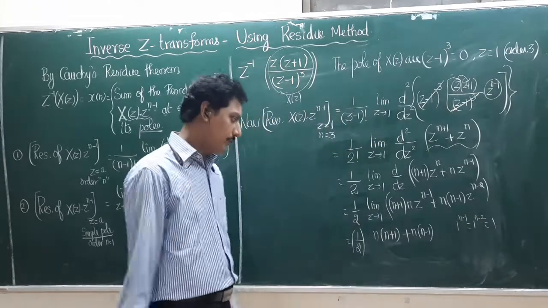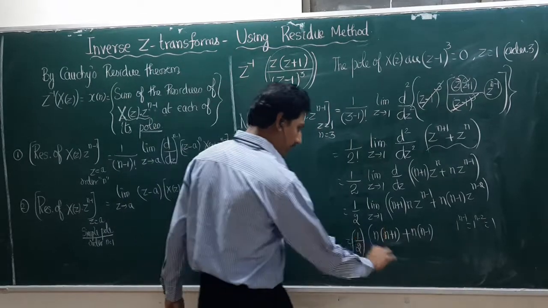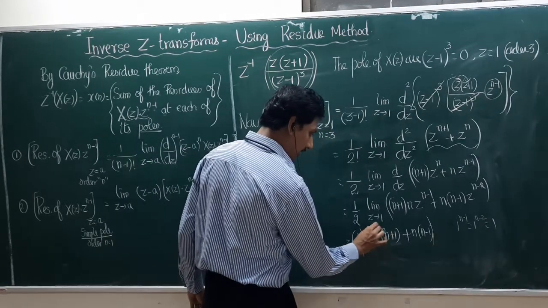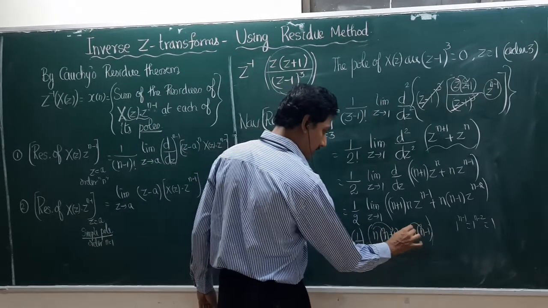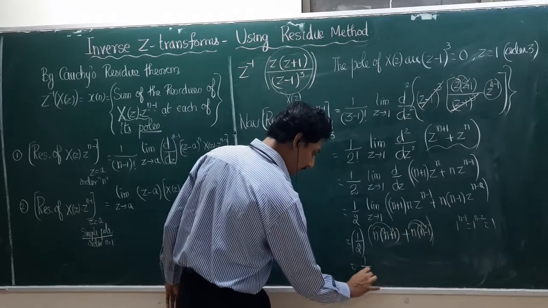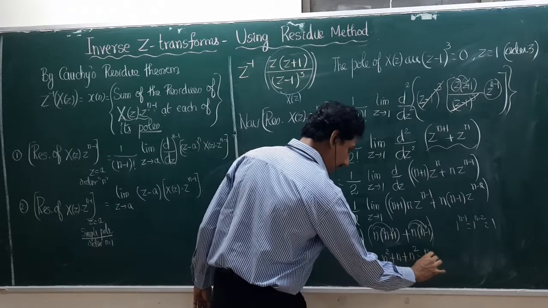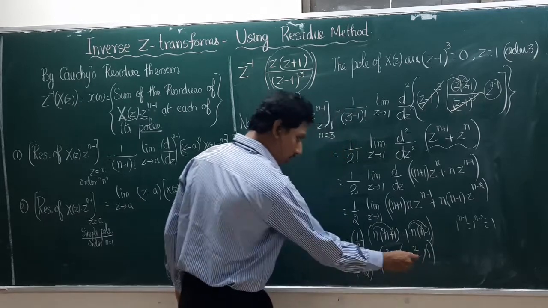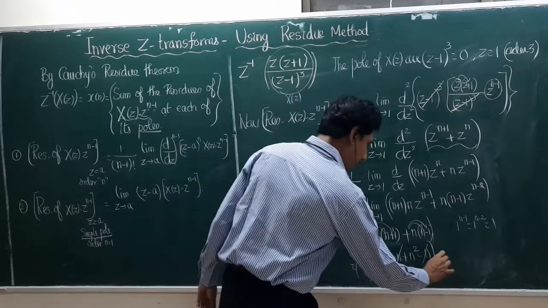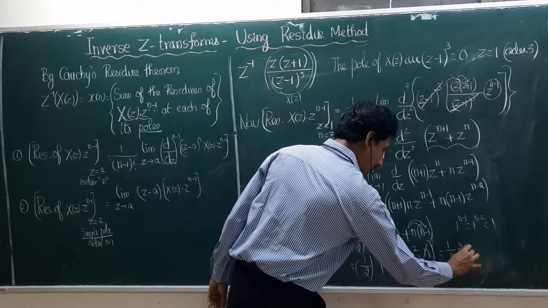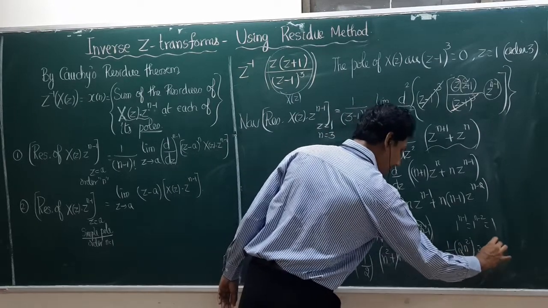No problem, it's 1 only. Now let us simplify this. What we will get? N into n is n squared, n into 1 is n, n squared minus n. So it is 1 by 2 into n squared plus n plus n squared minus n. So after cancellation of the n, we get 2n squared. So it is 1 by 2 into 2n squared. So we get the answer n squared.